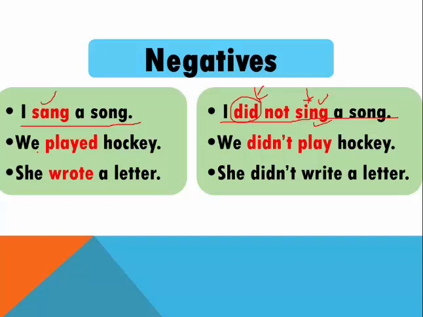We played hockey, so we didn't play hockey. We add did not, and it becomes play from played. She wrote a letter, so she didn't write a letter. Very simple.